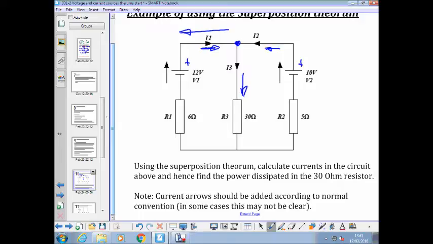Yeah? Because what we could consider we've got here is a 12 volt battery with its 6 ohm internal resistance, a 10 volt battery with its 5 ohm internal resistance, and a load resistor. You see that? Alright, Carl?